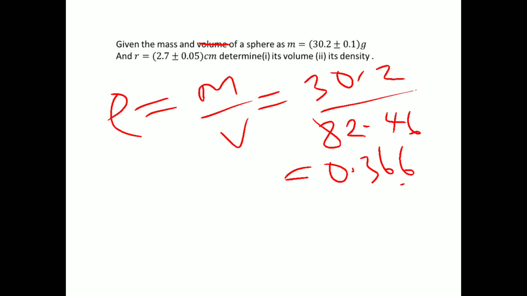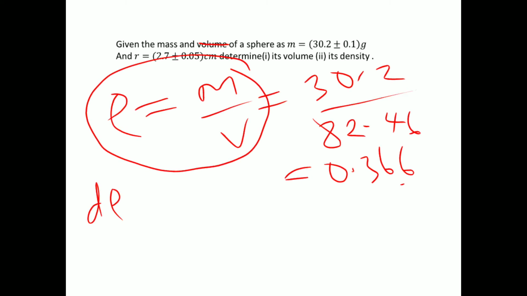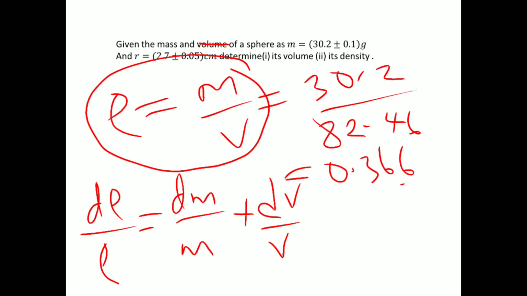So what is my error? Since this is division, the relative error of density, the error in density over density, is equal to the relative error of the mass plus the relative error of the volume. The relative error of mass is 0.1 over 30.2.